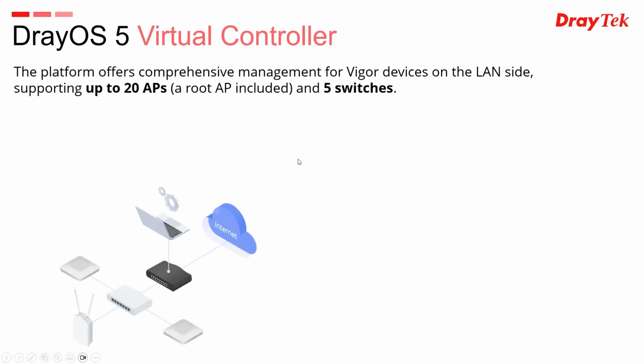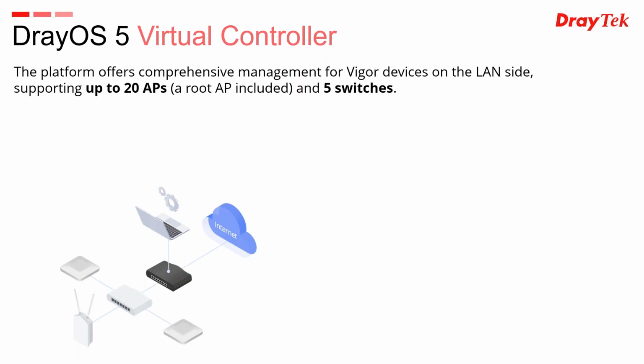I think this one is more common to be used by you guys. So virtual controller, a quick video will be presented here in a moment as well. So what's changed recently is that DrayOS 4 devices had the AP management, mesh, external devices sections.